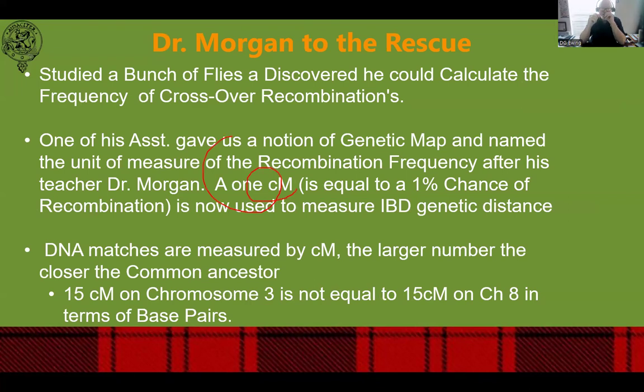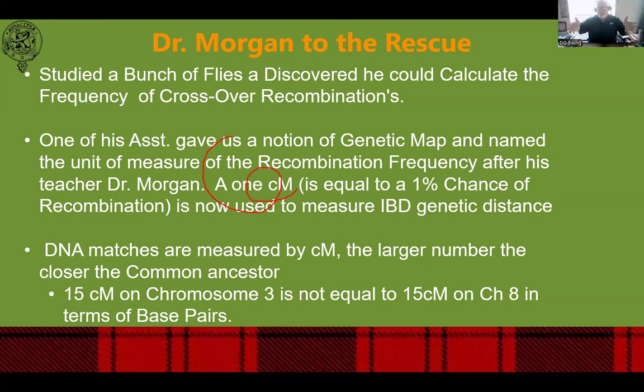And a Morgan is nothing more than 1% chance of mixing and matching DNA. So if this chunk, this segment of DNA has 100% chance of matching and it's 18 base pairs long, it will be 18 centimorgan. I'm sorry, it'll be 18 Morgans.